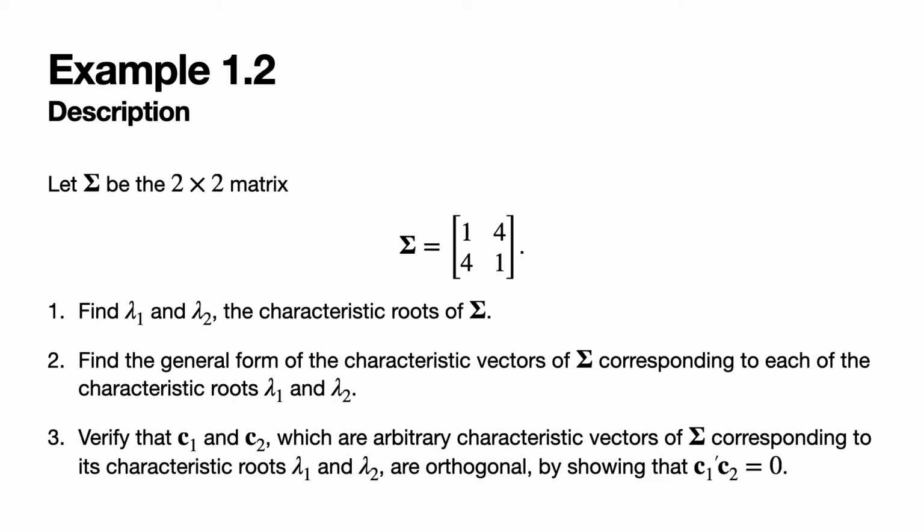We'll then verify that C1 and C2, which again are arbitrary characteristic vectors of cap sigma corresponding to lambda 1 and lambda 2 respectively, are orthogonal, and we do this by showing that their inner product, C1 prime times C2, is equal to 0.